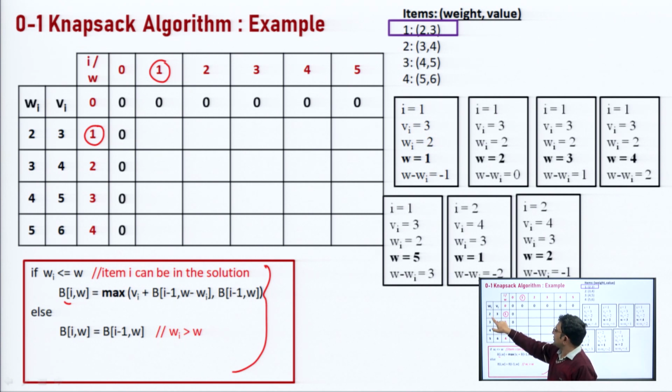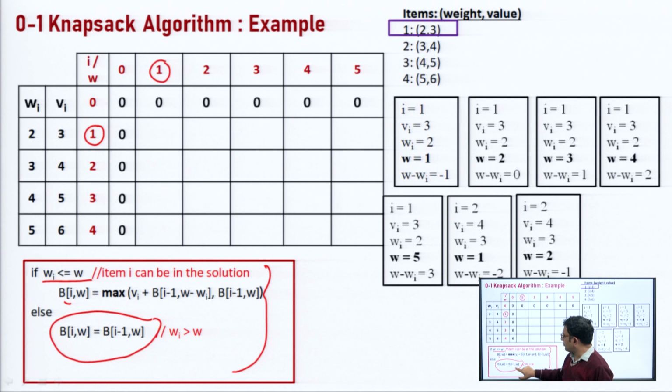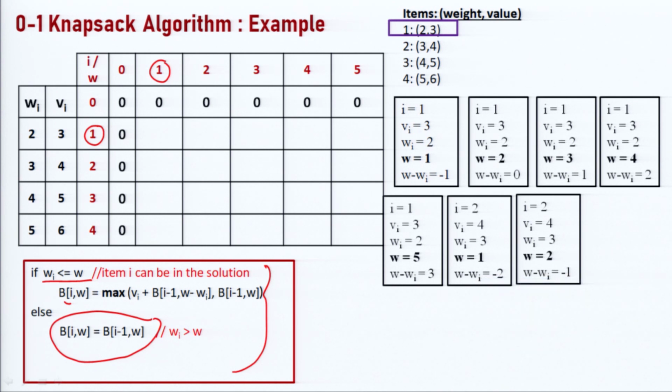Can we put an item having weight 2 in a knapsack having capacity 1? No, we cannot. If the condition that the weight of the ith item is less than or equal to W does not hold, then we directly copy the value of the upper block. What is the value of the upper block? That is 0. So, 0 will be copied over here.